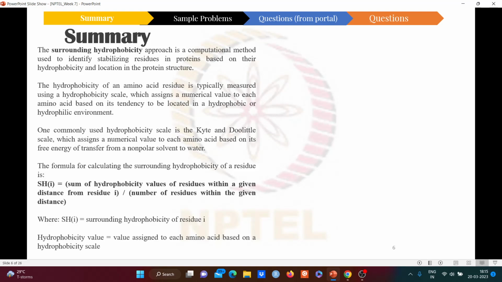One common scale used is the Kyte-Doolittle scale, which assigns a numerical value to each amino acid based on its free energy of transfer from non-polar solvent to water. So the formula for calculating the surrounding hydrophobicity is the sum of hydrophobicity values of the residues within a given distance from a residue i, divided by the number of residues within the given distance.